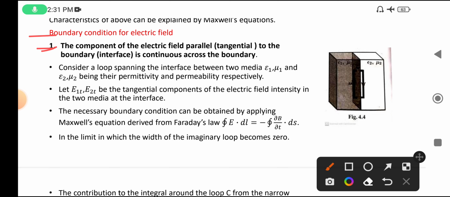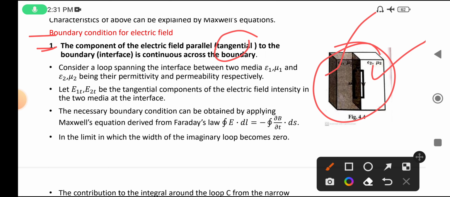The component of the electric field parallel to the boundary is continuous across the boundary. Parallel is also called tangential. See here, there are two substances. Let this be one substance and this another substance, and these two substances are joined here.